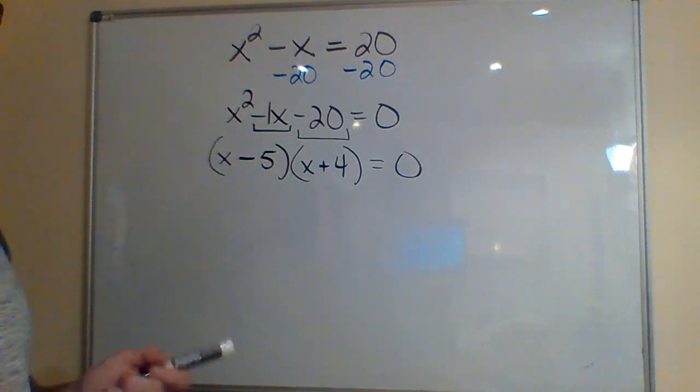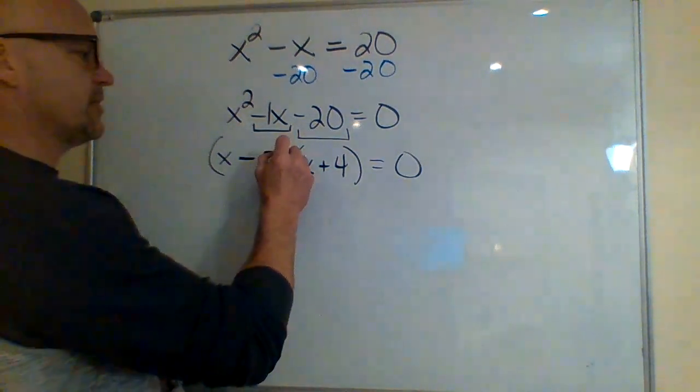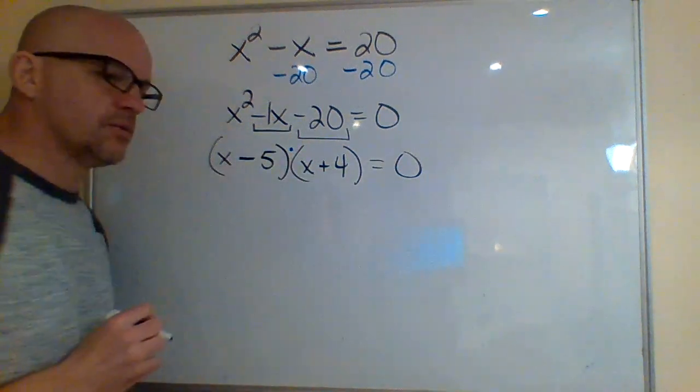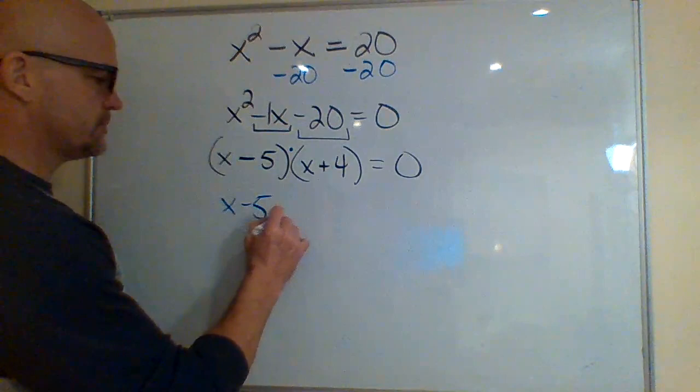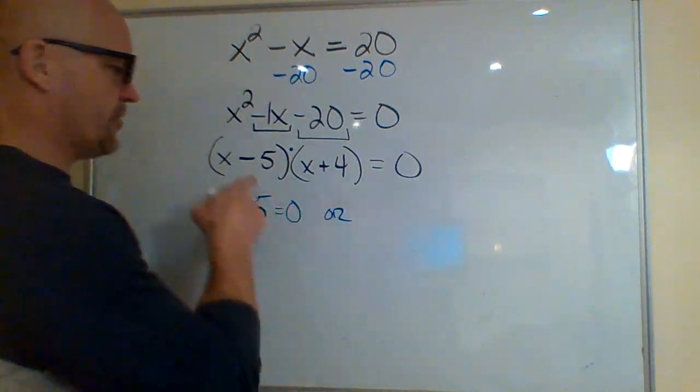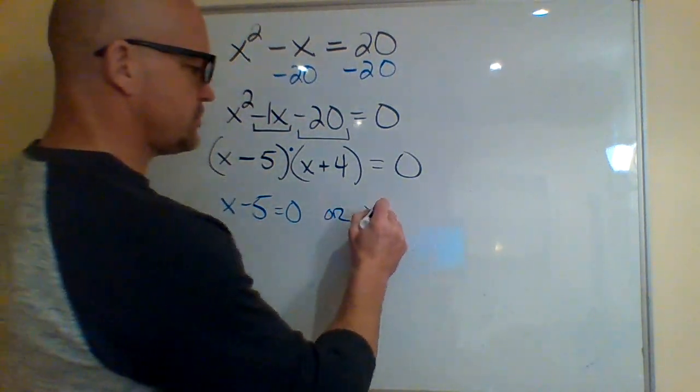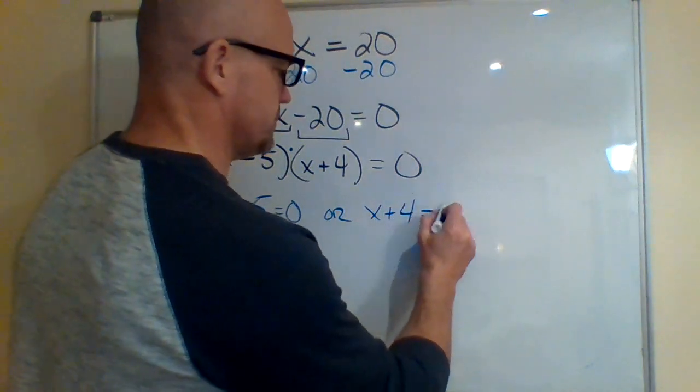Once again, I have two things being multiplied together to equal 0. I'm going to set each one of those equal to 0. Either that value has to be 0 or this value has to equal 0.